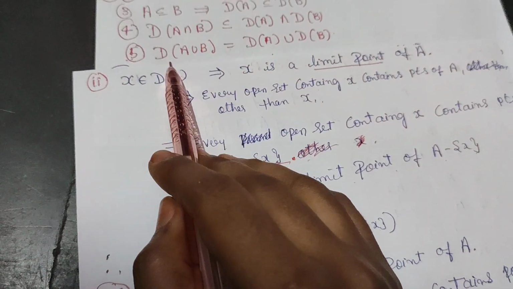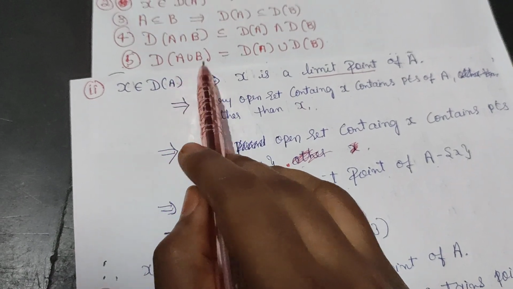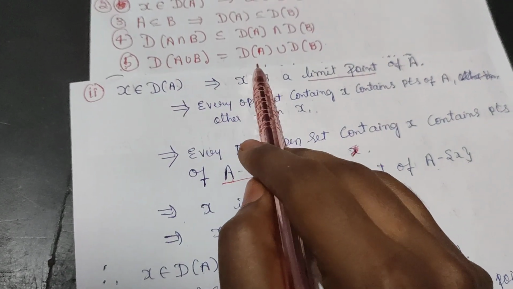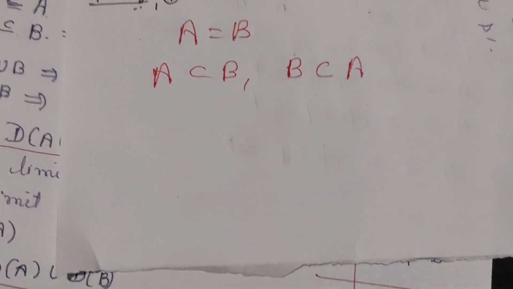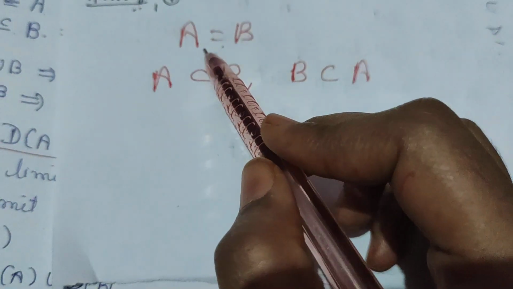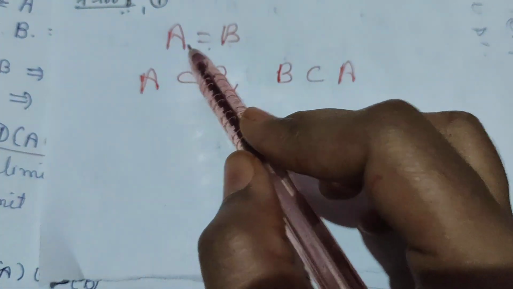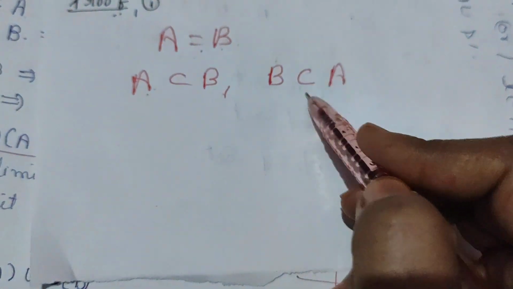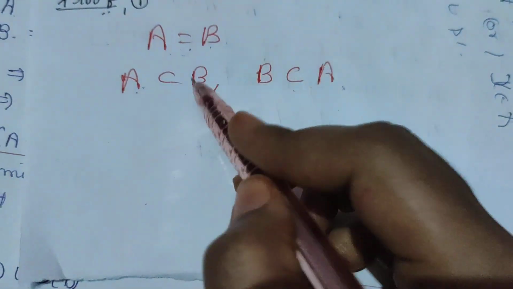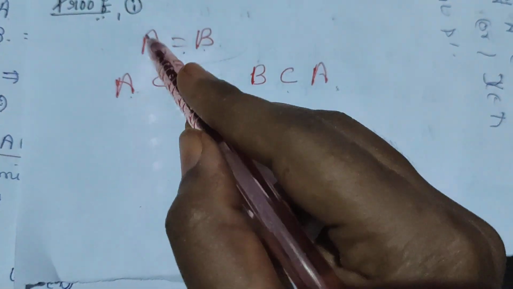For the fifth, we have to prove that D of A union B is equal to D of A union D of B. Note that to prove two sets are equal, A equal to B, firstly we have to prove that A is contained in B and B is contained in A. So then only we can say that the two sets are equal.